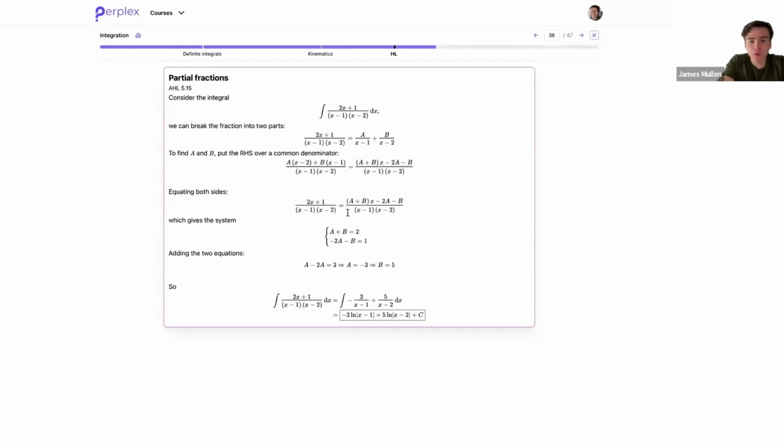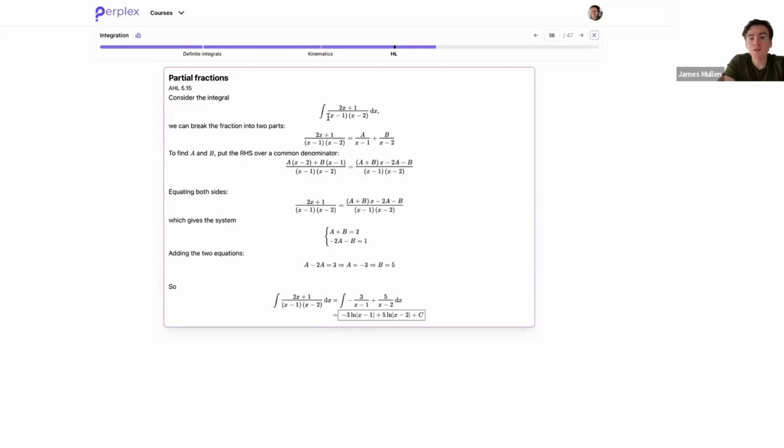Because I know that's equal to 2x plus 1, a plus b, the coefficient of x on the right-hand side, has to match 2. And then negative 2a minus b has to match the constant of 1. I can solve that system of equations and find a is equal to minus 3 and b is equal to 5. Therefore, I can split this nasty thing into two fractions, negative 3 over x minus 1 plus 5 over x minus 2, and those I can integrate just using my normal rules.